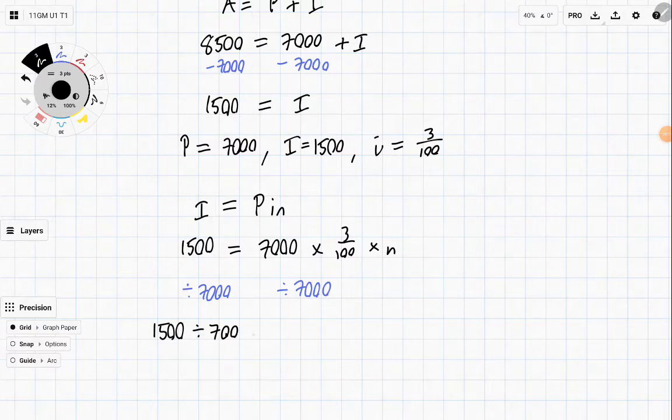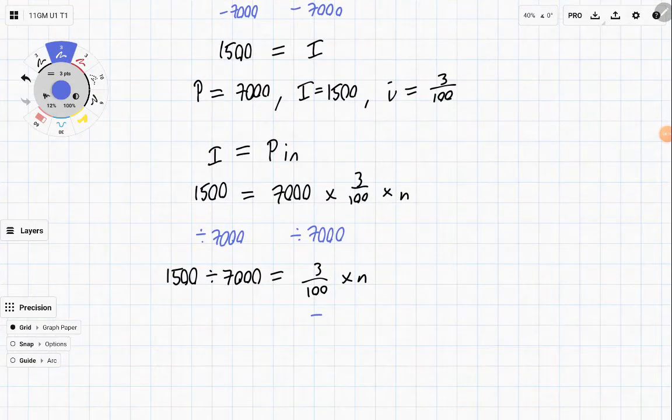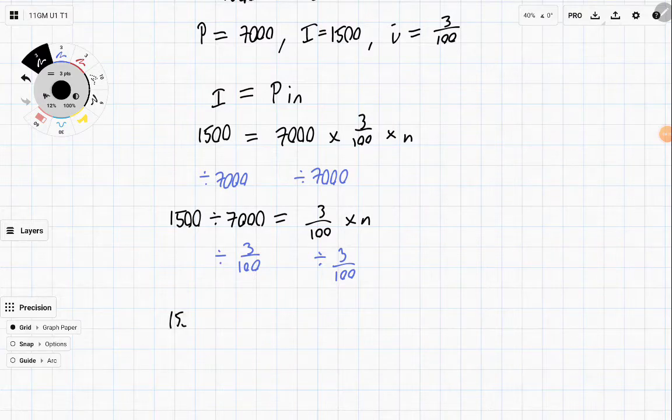Once again, I'm not working this out right now, because if it got me a really ugly number, then I'm going to have a less fun time dealing with it if I round it too soon. 3 over 100 times n, opposite of times 3 over 100, divide by 3 over 100, do that to both sides. And now I'm left with 1,500 divided by 7,000 divided by 3 over 100 is equal to n.